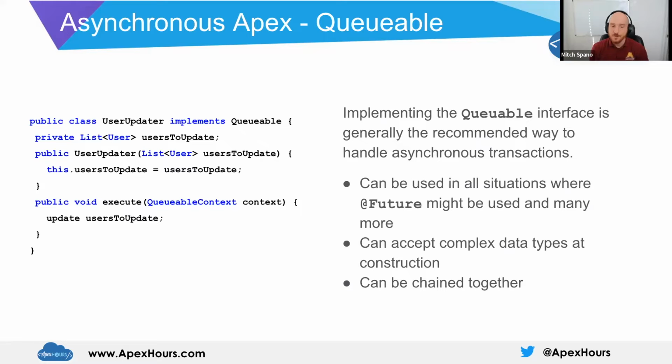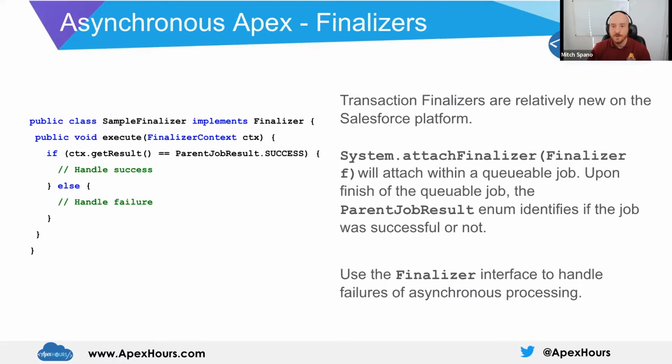And there's something that's pretty new in Salesforce for the queueable interface. It's called the Finalizer interface, and it allows us to register what we call a transaction finalizer. So a transaction finalizer means that, let's just say I had enqueued a queueable job, and I want to perform some code when that job is completed. If it goes successfully or if it's unsuccessful, maybe I want to send an email, or maybe I want to log that something was successful.